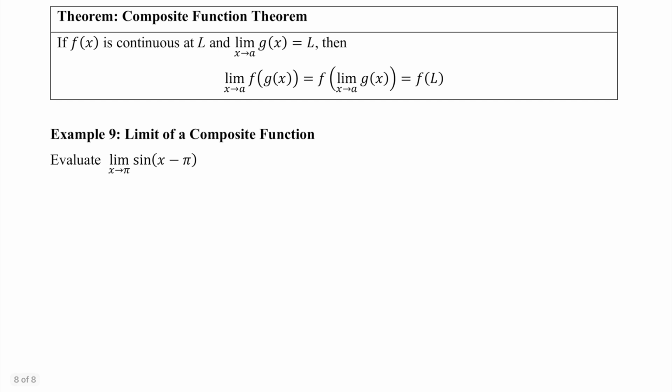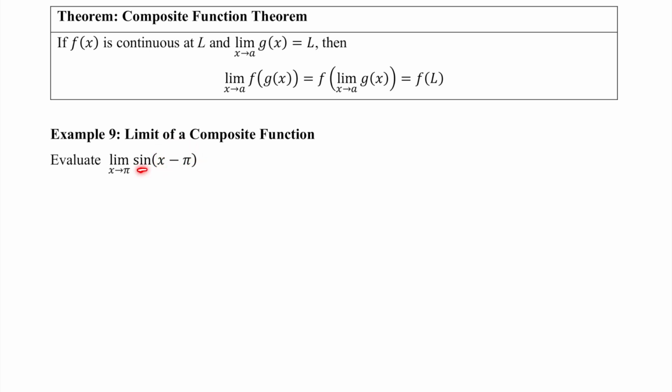Now, let's look at an example. We want to evaluate the limit of sine of x minus pi as x approaches pi. First, look at the expression inside the sine function, which is x minus pi. As x approaches pi, the expression x minus pi approaches 0.